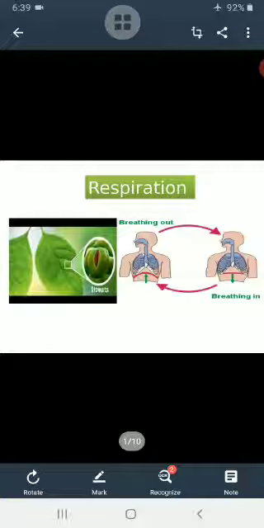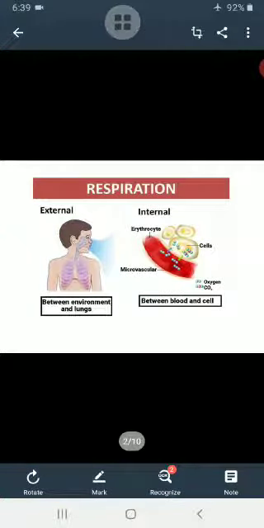Respiration is the process of taking in oxygen, using it for release of energy by oxidation of food, and eliminating the waste products, carbon dioxide and water. The two main processes of respiration are external respiration, which is also known as breathing, that is taking in air rich in oxygen, inhalation, and giving out air rich in carbon dioxide, that we call exhalation.